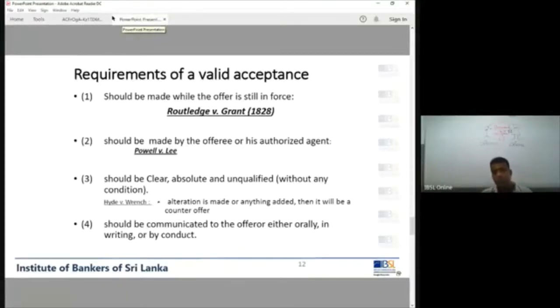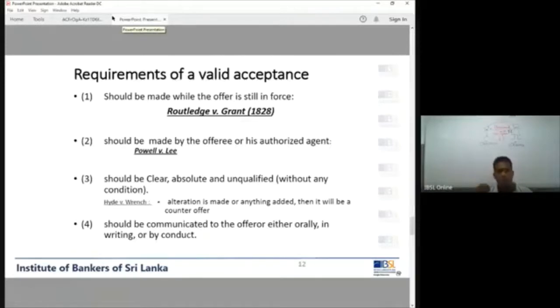But there are cases that, when I say they are very important, you have to remember. Otherwise, if you write the theory without the case, you will not get the full marks. For example, last day I said Carlill versus Carbolic Smoke Ball Company Limited is a very important case.